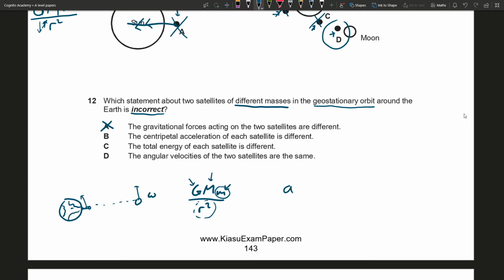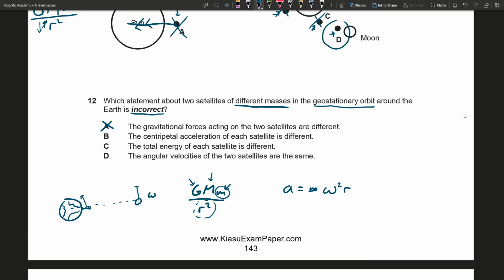Let me write that as A, that equals omega squared r, where omega is the angular velocity of the object.